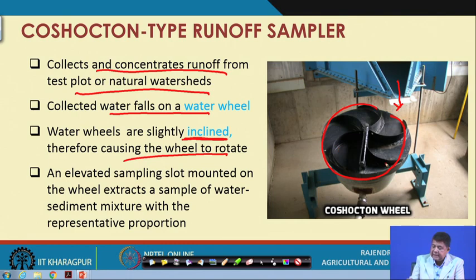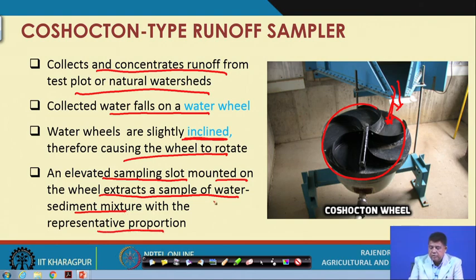Because it is slightly inclined, whenever water falls here, because of the momentum, the wheel starts rotating, and then an elevated sampling slot mounted on the wheel is used for extracting a sample of the water-sediment mixture in a representative proportion.